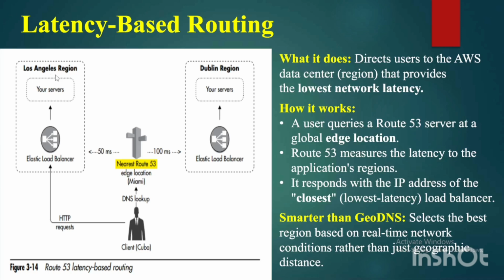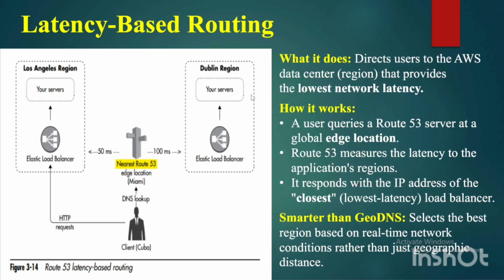A great example of a modern DNS service is Amazon Route 53. It uses something called latency-based routing to improve performance. Here's how it works. When a user tries to access your application, their request goes to a Route 53 server located at a nearby edge location.